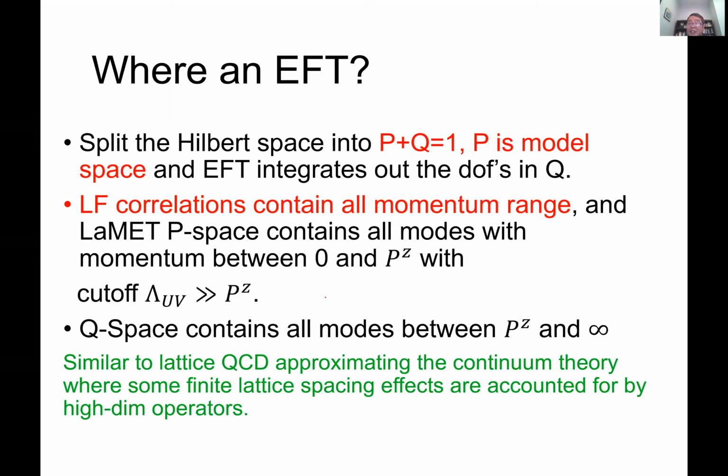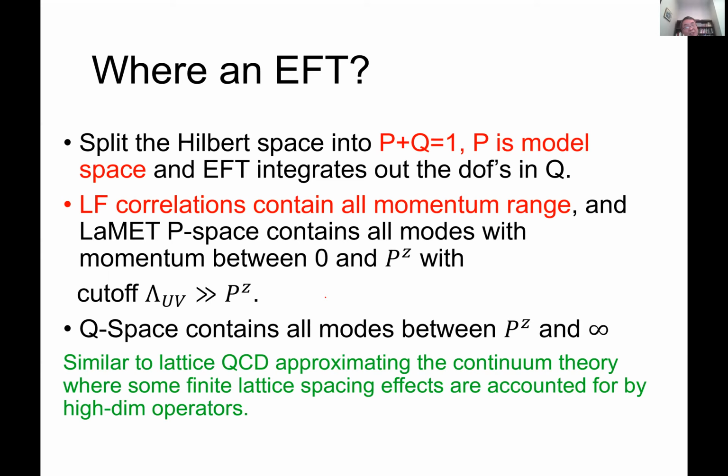Now, it is true that the light-cone correlations contain no large momentum scales. However, they involve light cone correlations, and if we have light cone correlations, it means that it involves all the momentum range. In fact, technically, you need infinite momentum modes to travel along the light cone. And so even though the Parton distributions are low energy constants, they do contain high energy physics.